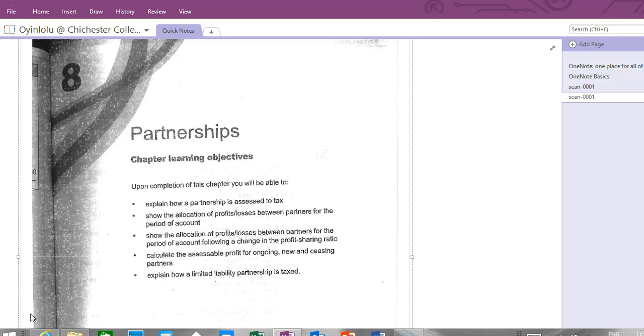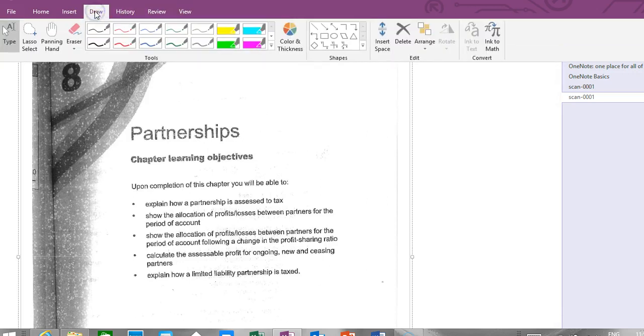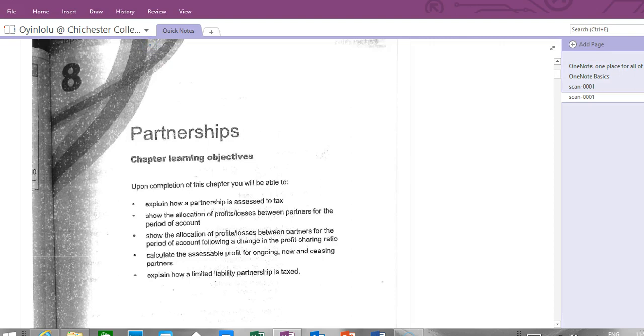So partnerships are made up of a group of sole traders. If you remember when you studied partnerships, we really have just a group of sole traders coming together to trade.